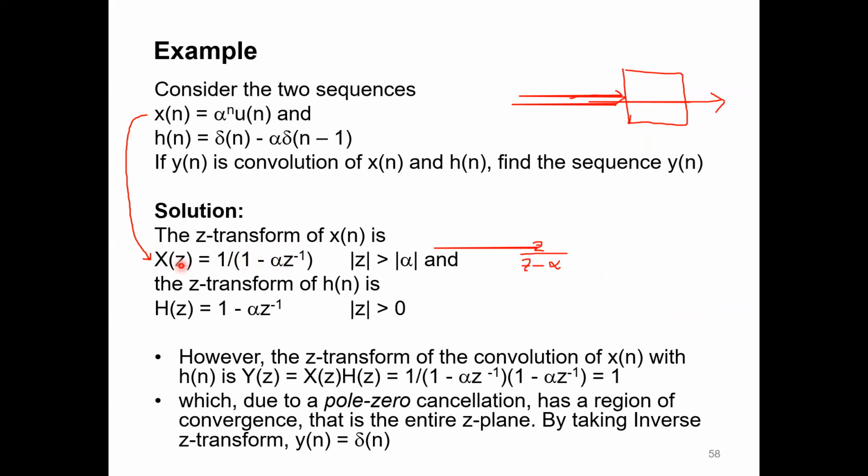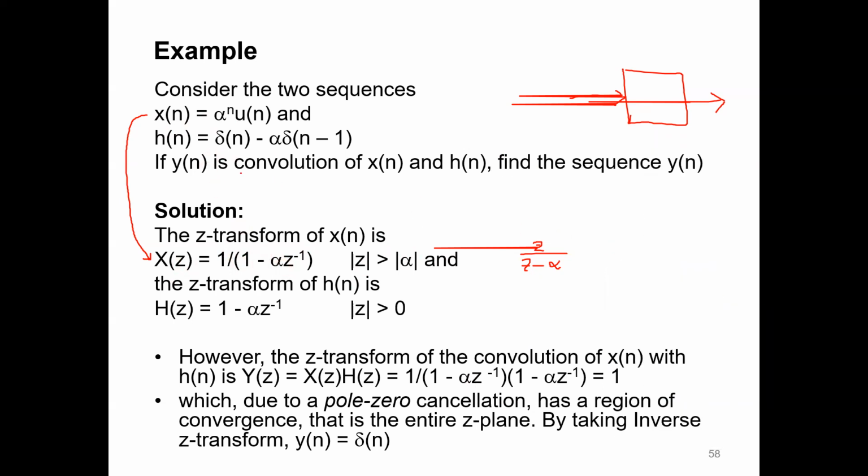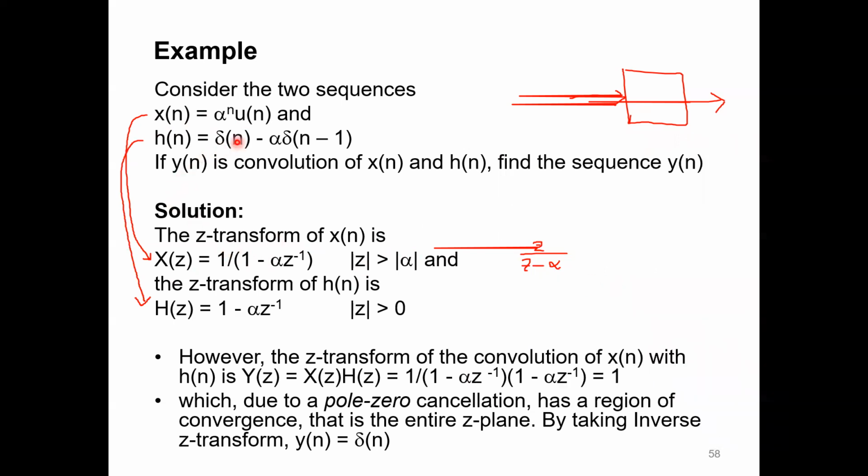So straight away, into the Z world. And then you get the second one, hn, and you want to calculate Hz. The first one is delta n. The Z transform of delta n is what? Anybody remember that?